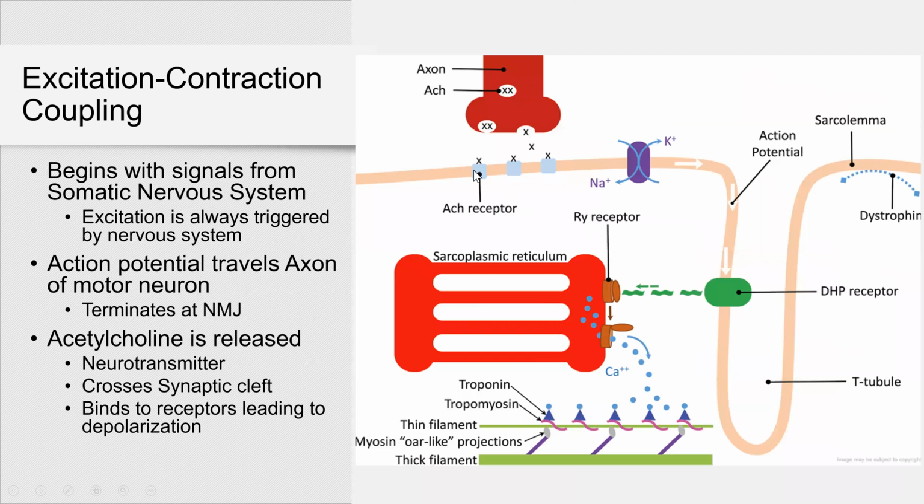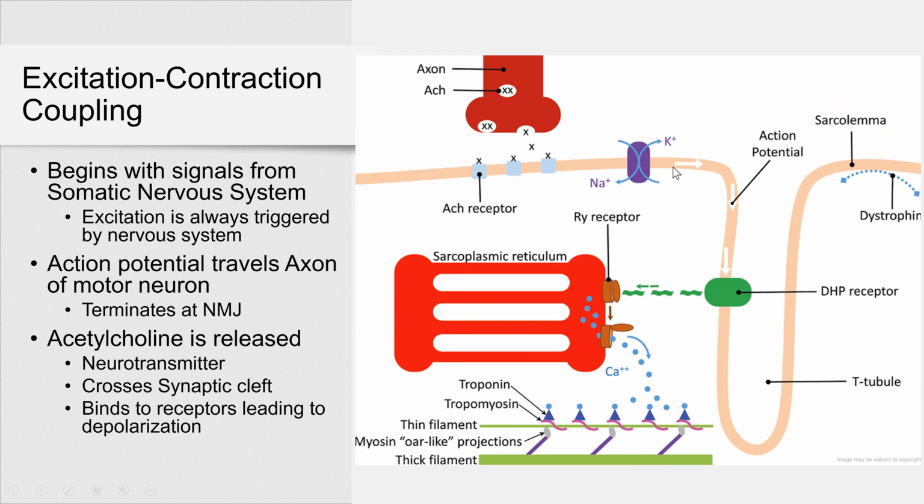Now, when acetylcholine is released, it binds to the acetylcholine receptor. This causes sodium moving inside the cell, and this will generate an action potential or electrical signal along the sarcolemma, right?